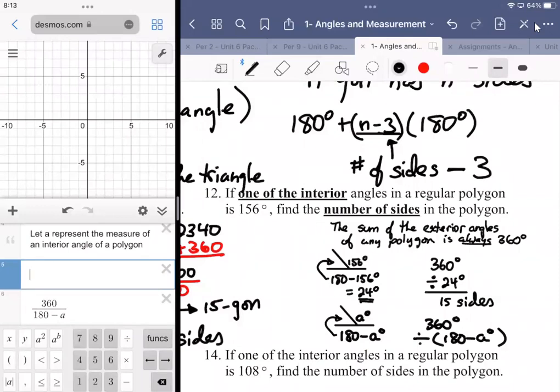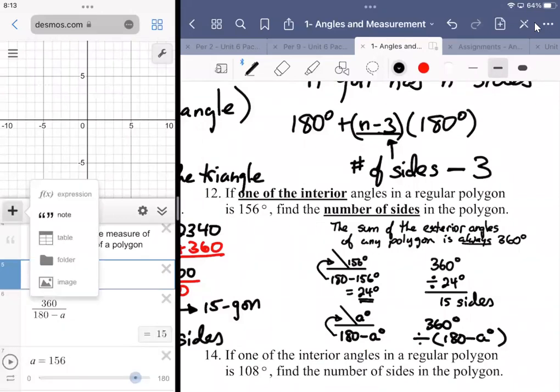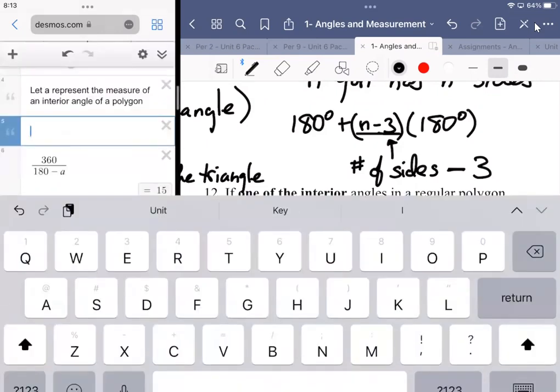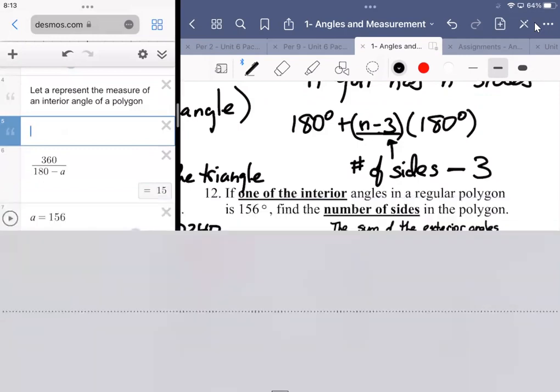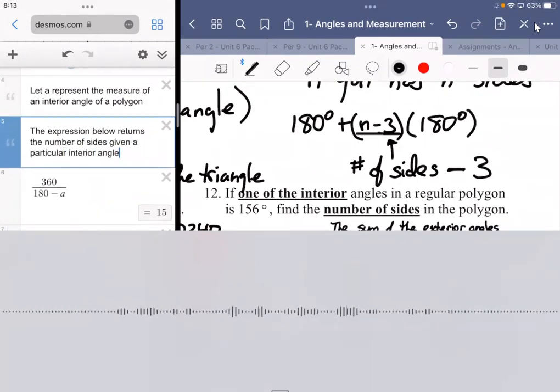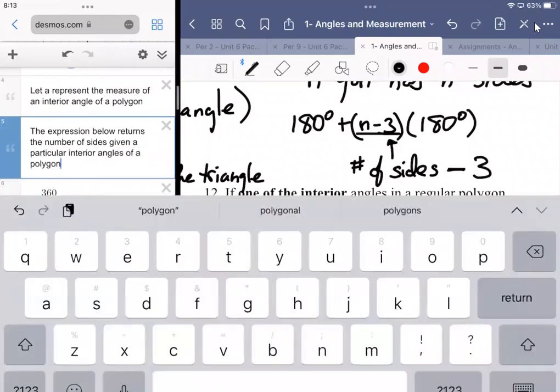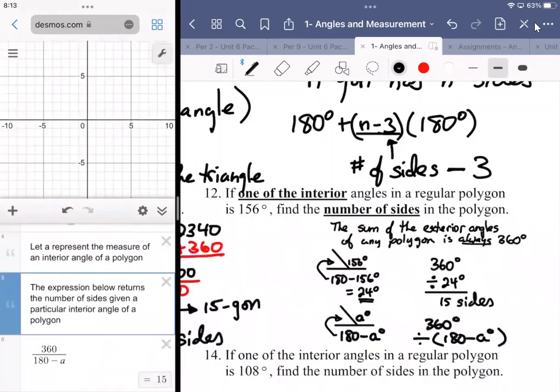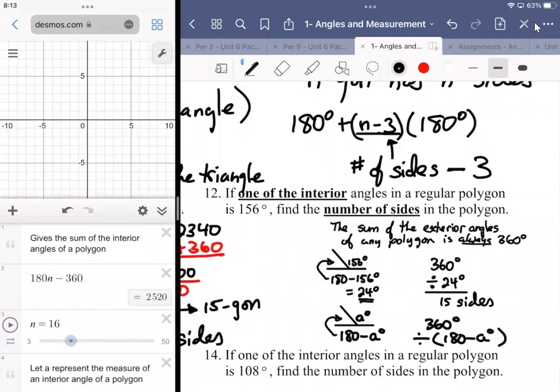What I would say here is that the expression below returns the number of sides given a particular interior angle of a polygon. And so, yeah, now we have a nice Desmos here that could be used for a bunch of different situations.